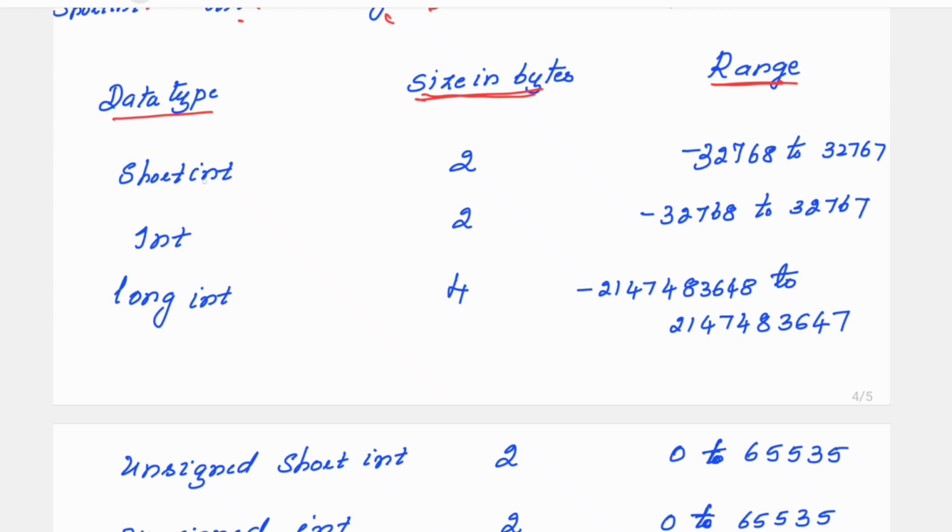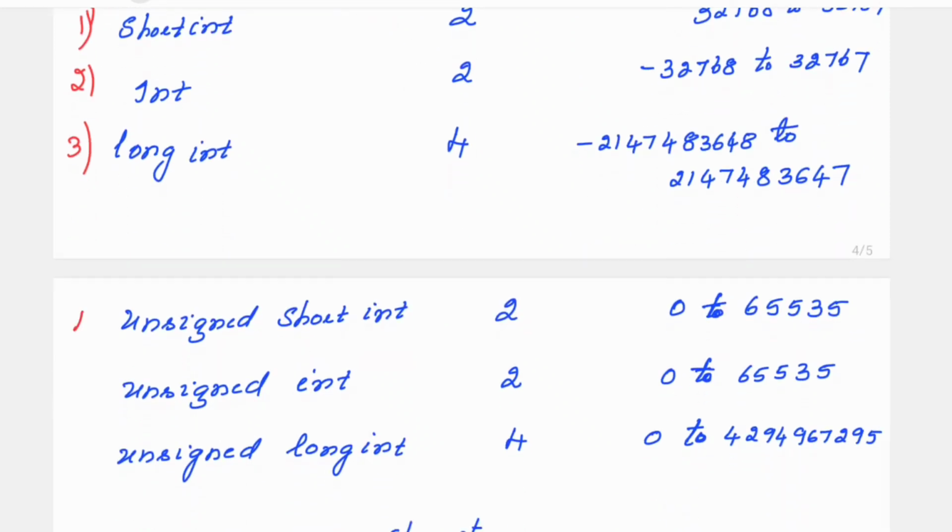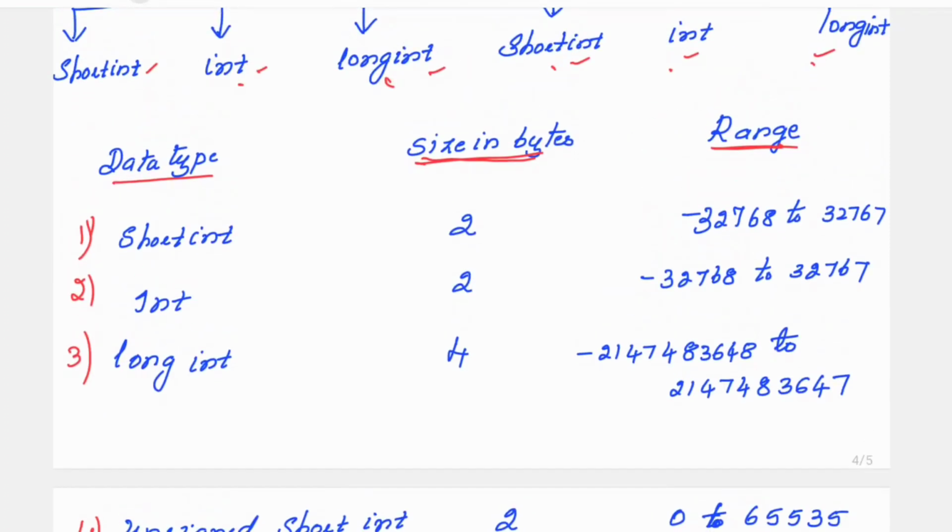So you can look here. The first one is short int, second int, third long int. Similarly 4, 5, 6 are unsigned short int, unsigned int, unsigned long int. I have written here the size in bytes. Short int is 2 bytes. Range is -32768 to 32767.